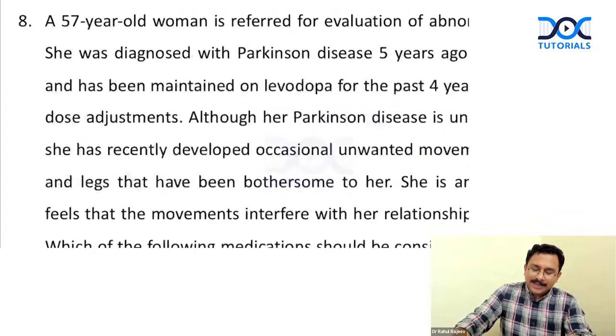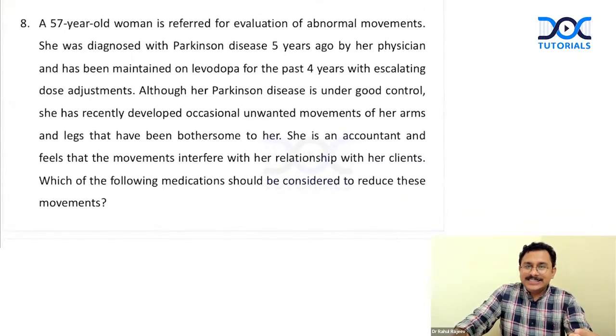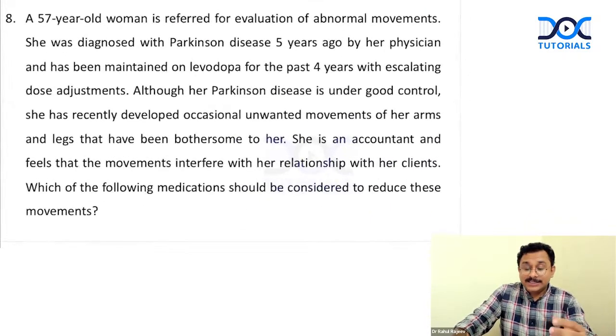Now coming to the next question, a 57-year-old woman is referred for evaluation of abnormal movements. She was diagnosed with Parkinson's disease 5 years ago by her physician and has been maintained on levodopa for the past 4 years with escalating dose adjustment.